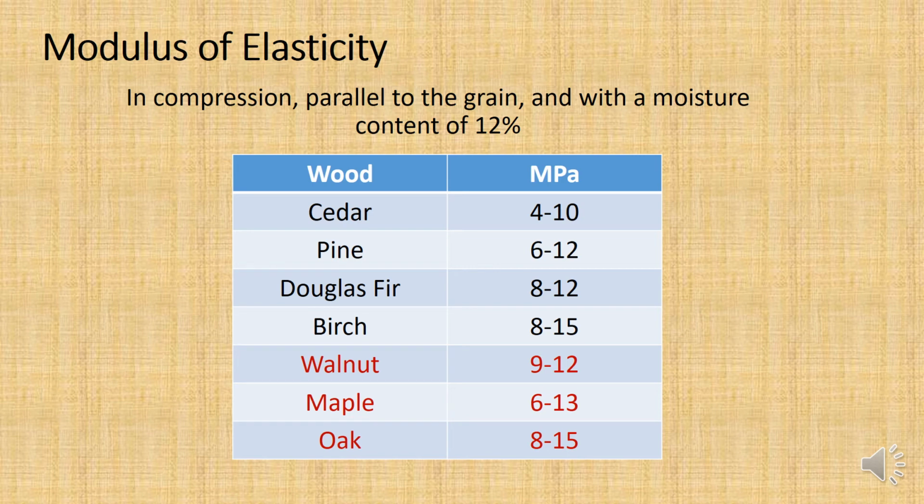Generally, there's marginally more elasticity, shown by a smaller number, because remember, with Young's modulus of elasticity, the smaller the number, the more elastic it is, with the softwoods than with the hardwoods. So that's modulus of elasticity in compression parallel to the grain.